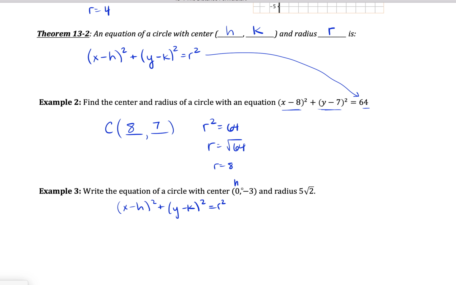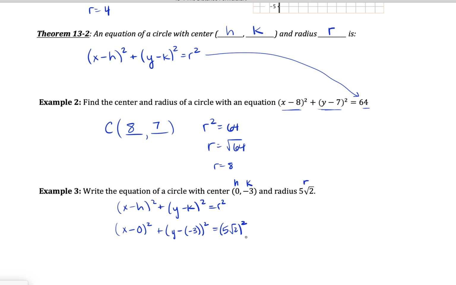The 0 is going to be my h, −3 is going to be my k, and 5√2 is going to be my r. So I say it's (x − 0)² + (y − (−3))² = (5√2)².